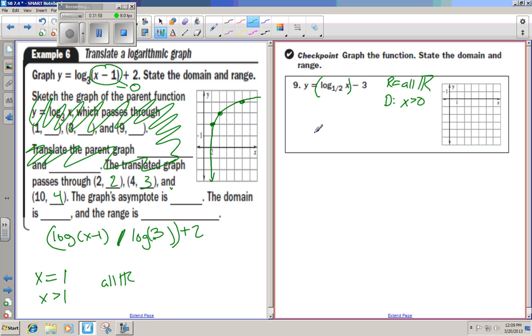As far as graphing is concerned, we just need a couple of points. If you want to use a couple of points, find them in your calculator. Some of the points here are (1, -3) and (4, -5).